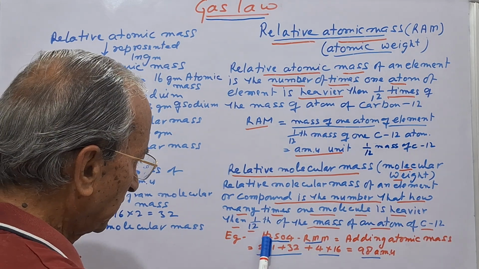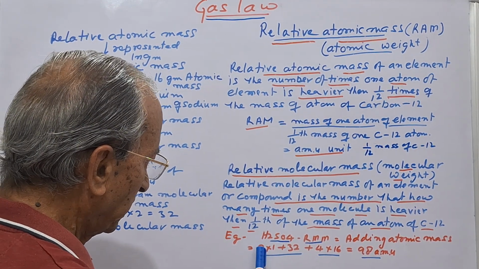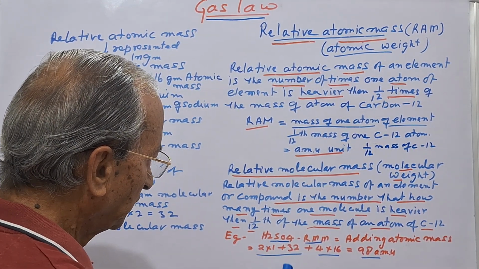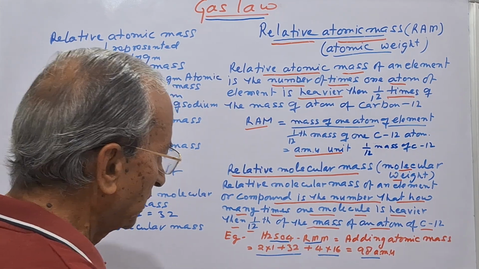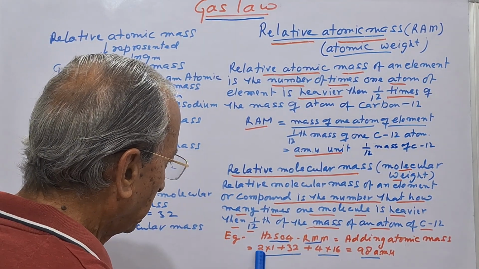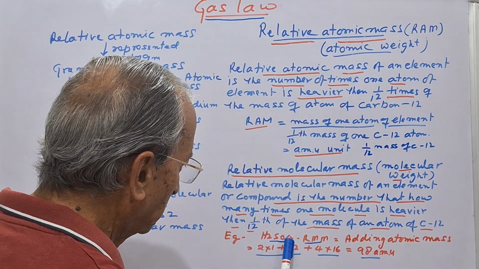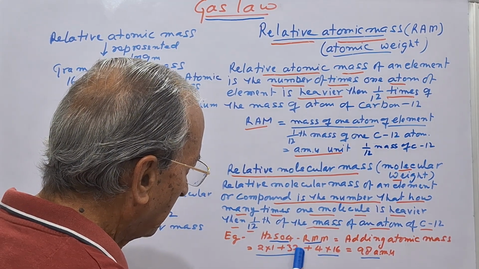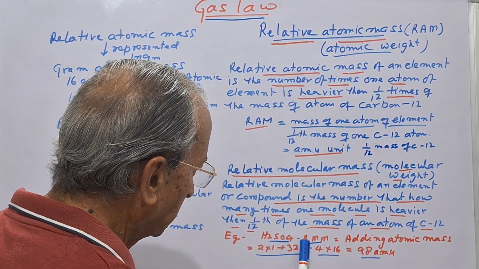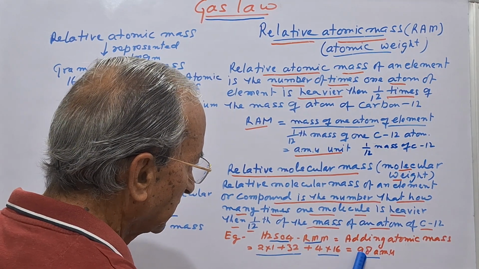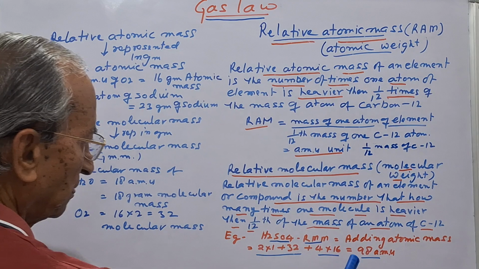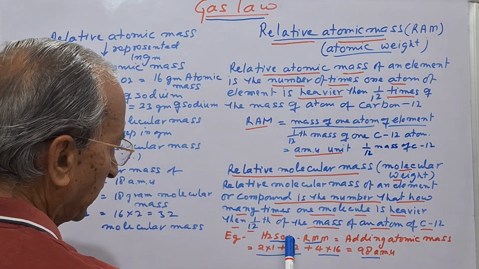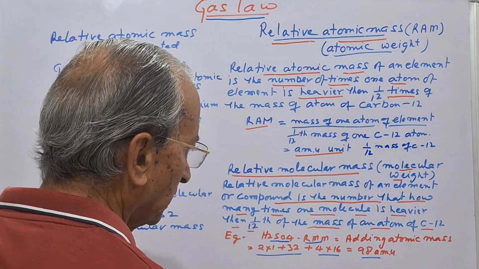In this case, H2 is 2 atoms of hydrogen, 1 atom of sulfur, and 4 atoms of oxygen. The atomic weight of hydrogen is 2 into 1, sulfur is 32, and 4 atoms of oxygen is 4 into 16, that is 98 AMU. So the molecular mass of sulfuric acid is 98 AMU.